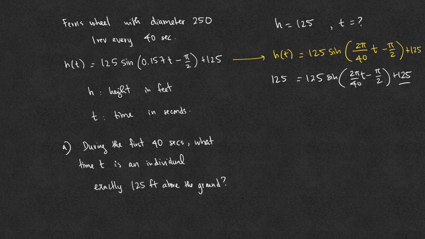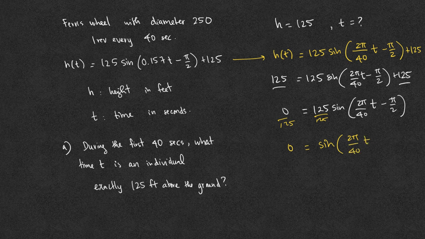We subtract 125 from both sides of the equation to obtain 0 equals 125 sine of (2 pi over 40 t minus pi over 2). And then we divide both sides of the equation by 125 to get 0 equals sine of (2 pi over 40 t minus pi over 2).